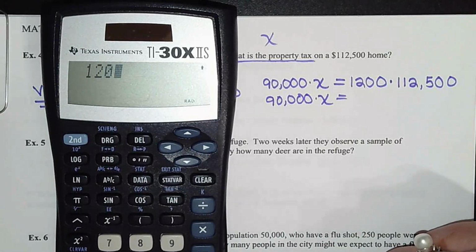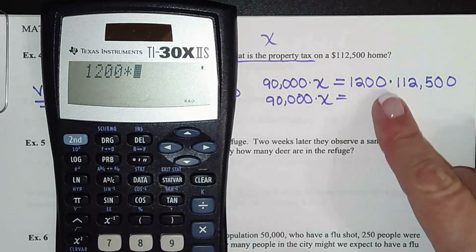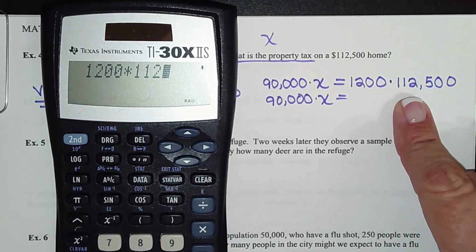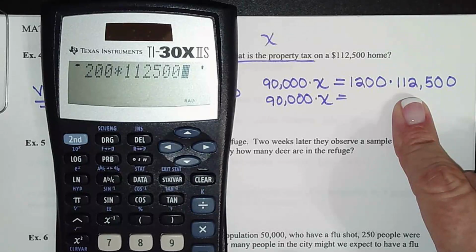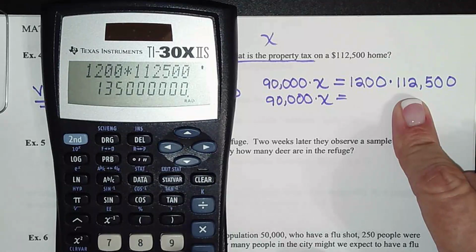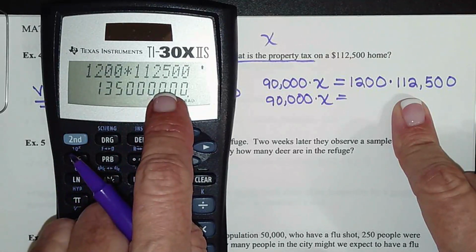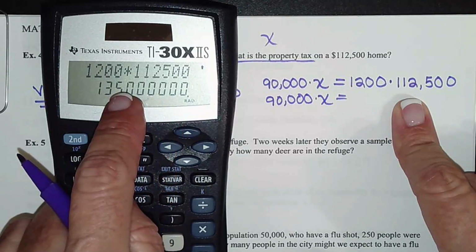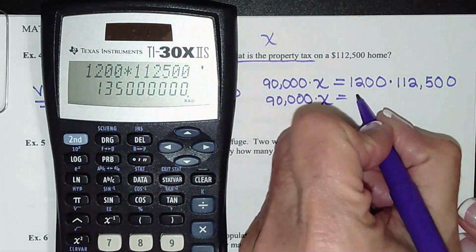So on this one, we have 1,200 times 112,500. Set that equal, and that gives us, put in our commas, 135 million.